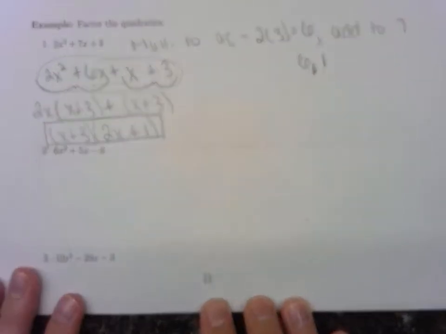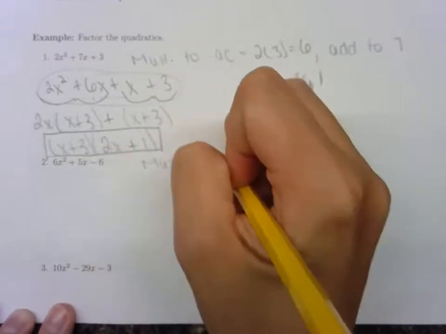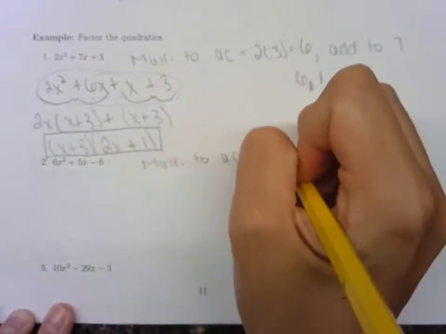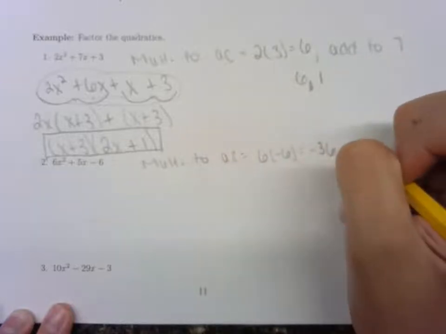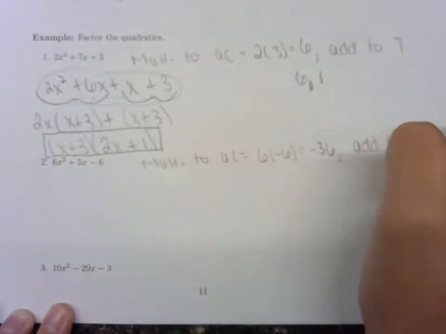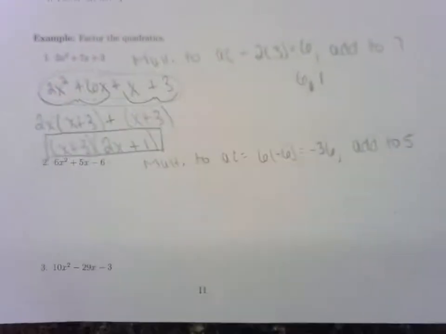Number 2, let's do another one. So we're multiplying to AC, which is 6 times negative 6. So multiply to negative 36 and add to positive 5. I'm going to have to think about this one for a second. There's a lot of factors of 36.